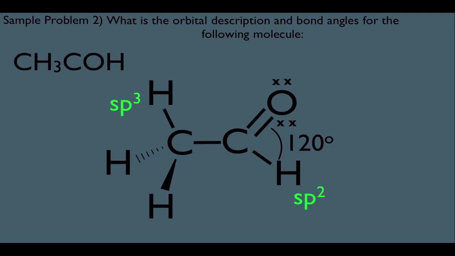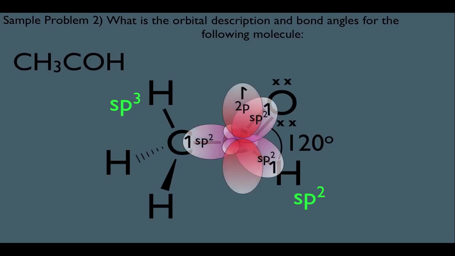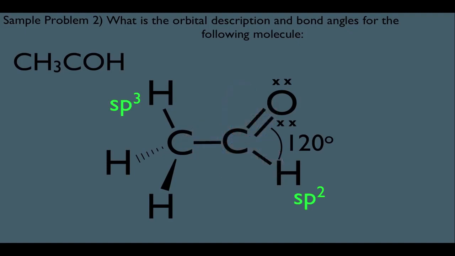And because it's sp2 hybridized, this would be its particular orbital arrangement. Remember, sp2 hybridized atoms have the 3 sp2 hybridized orbitals and the unhybridized p orbital. So that explains the carbon on the right. And that also means this bond angle right here is also 120 degrees.